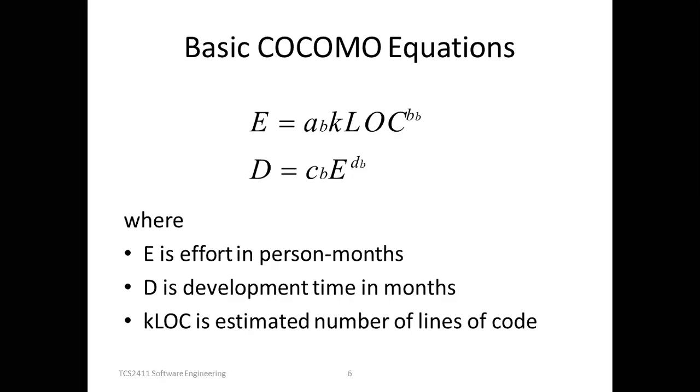They differ from mode to mode, whether you are taking organic, semi-detached or embedded. For each of organic, semi-detached and embedded, the values of a_b and b_b will differ, and c_b and d_b will differ.